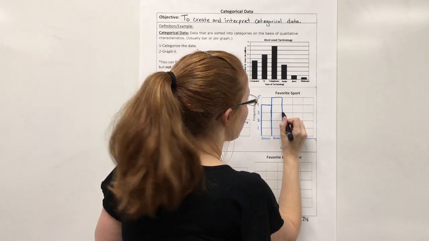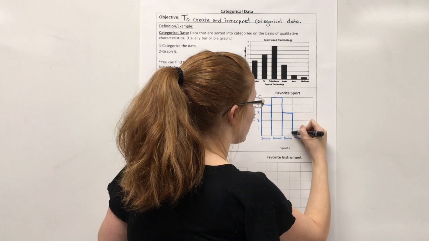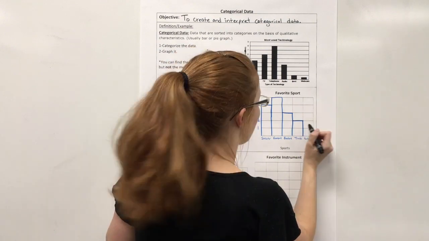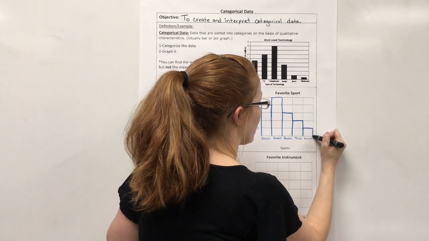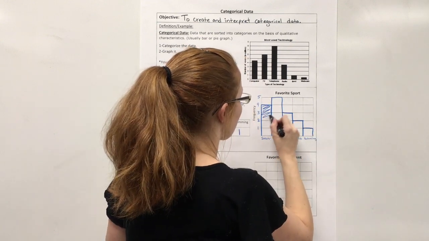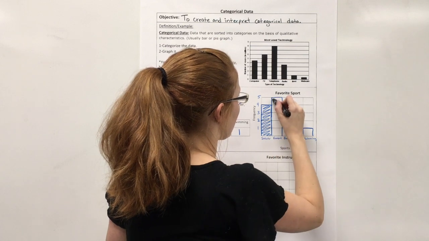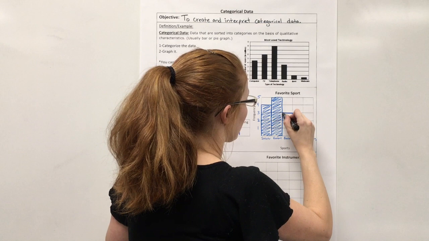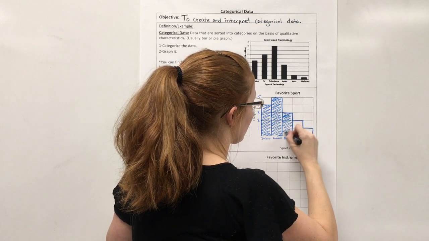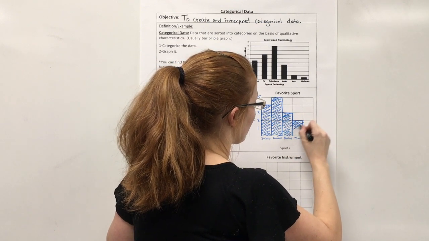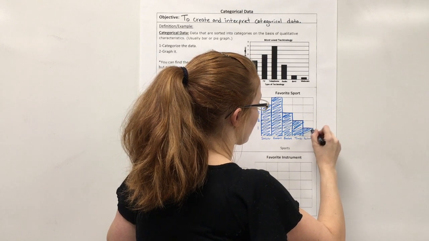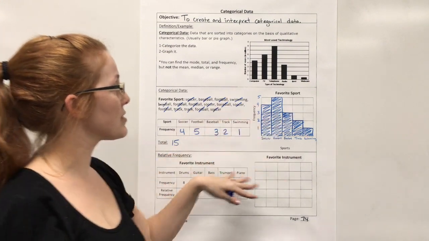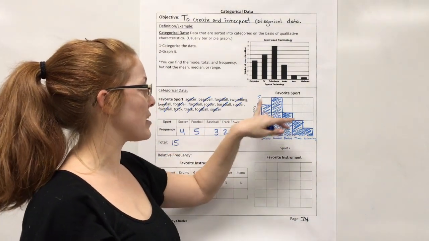And then we have 3, 2, and 1. Okay, so now you can see, I can still see frequency for how many picked each sport.